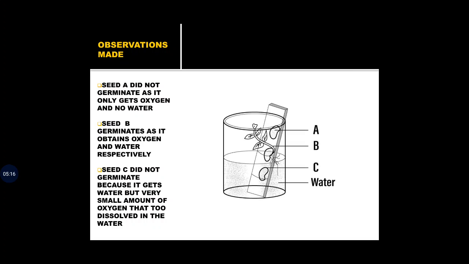You may see the radicle coming out and going down towards the water, while the plumule is changing into a seedling and going in an upward direction. This proves that seed B is getting the exposure of all 3 factors, light, air and water, and hence the seed is germinating.